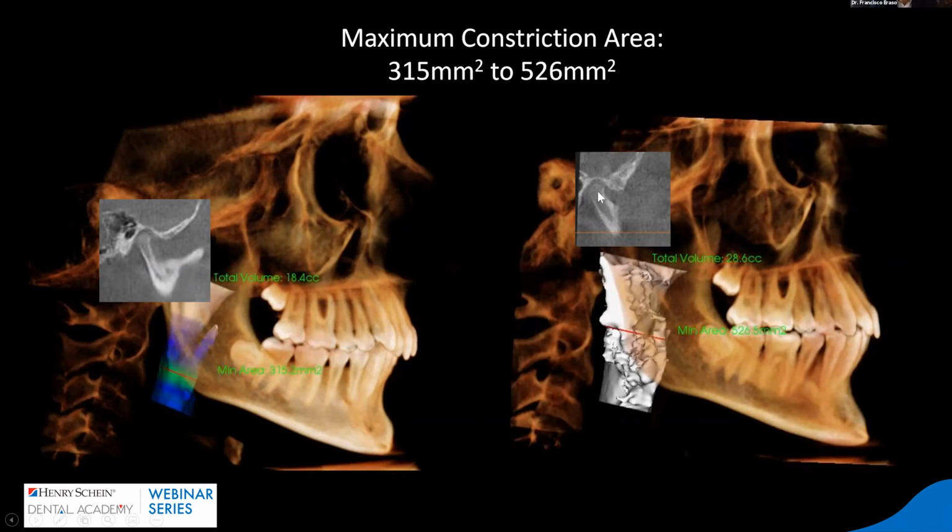The main question that a lot of people ask me is, how much radiation should I give to the patient with this kind of information, this kind of cases? I use 0.3 millimeter voxel size and 4.8 seconds. With that information, I think I have enough.